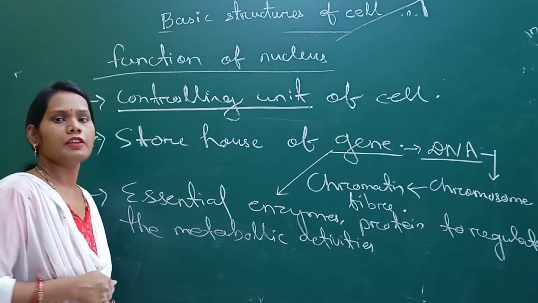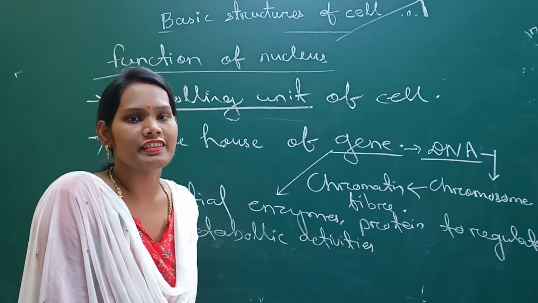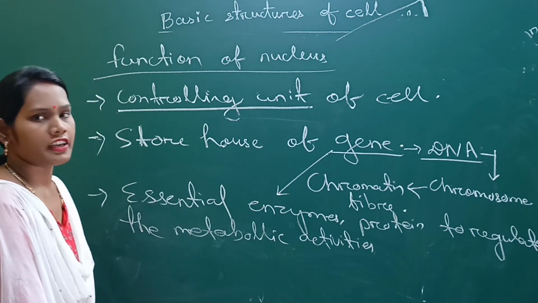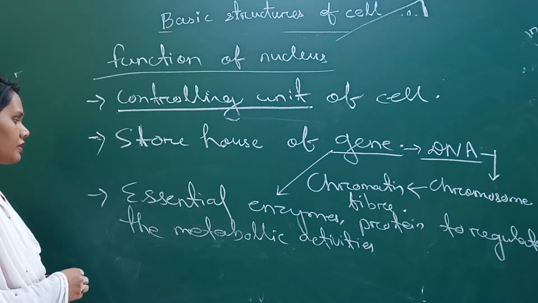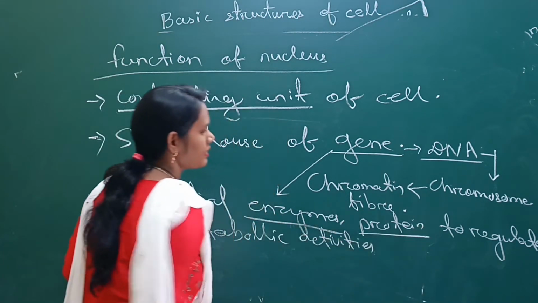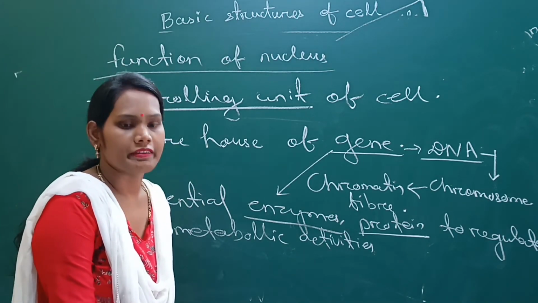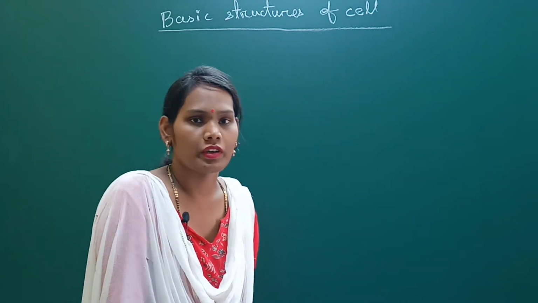Nucleolus is a type of nuclear material, and the nucleolus is rich in protein and RNA. So RNA, having ribosomal RNA, is the main factory of proteins. So here the essential enzymes and proteins are synthesized to regulate the metabolic activities. So it is all about the structure and function of a nucleus.